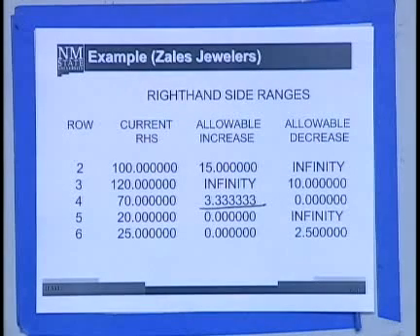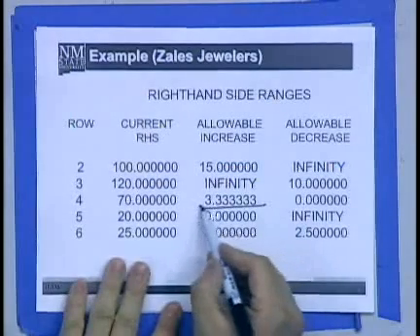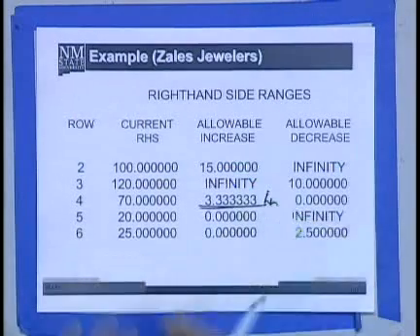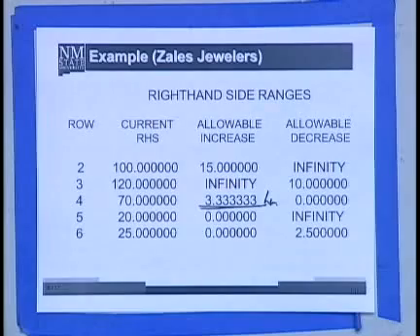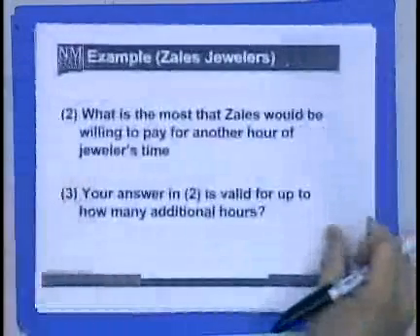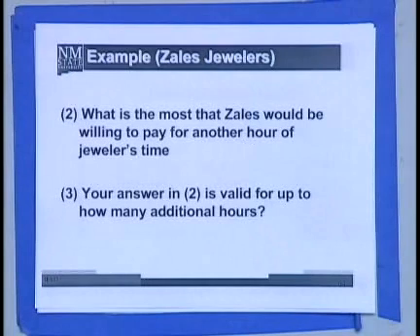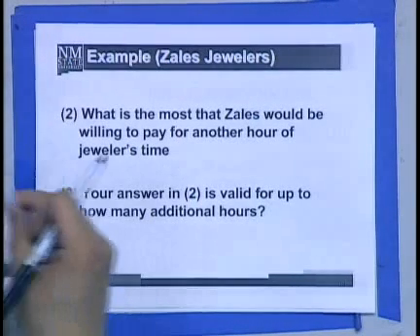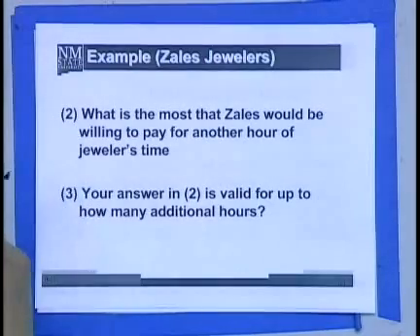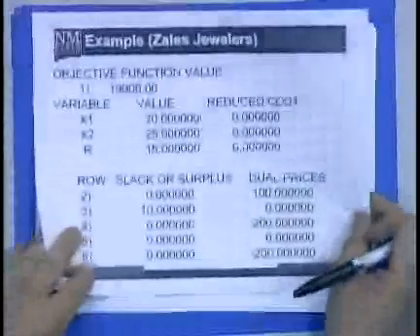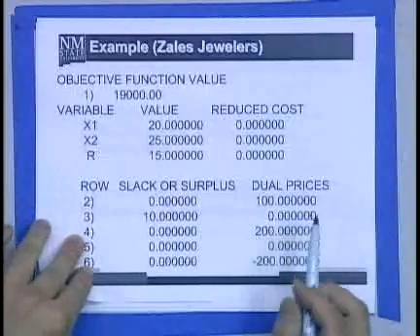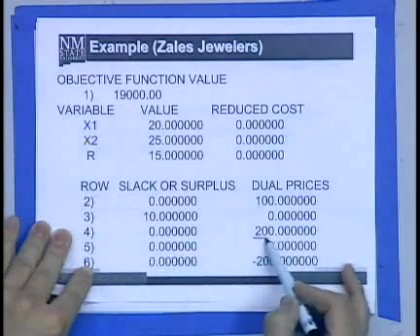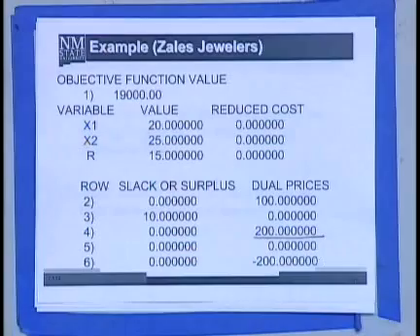So we may say that up to 3.3333 hours, the answer in problem number 2 is valid. Which means the dual price for row number 4, which is $200 per hour, is valid.